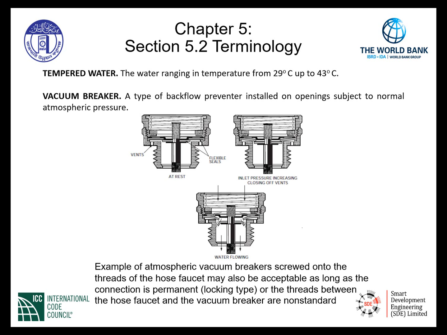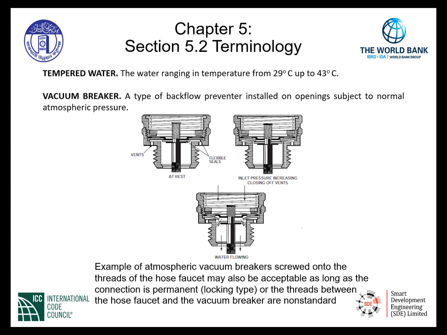An example of atmospheric vacuum breakers screwed onto the threads of a hose faucet may also be acceptable as long as the connection is permanent. In other words, a locking type, or the threads between the hose faucet and the vacuum breaker are non-standard.